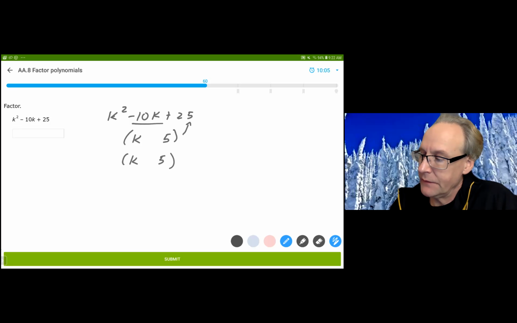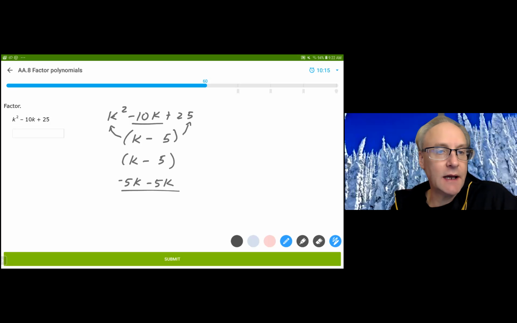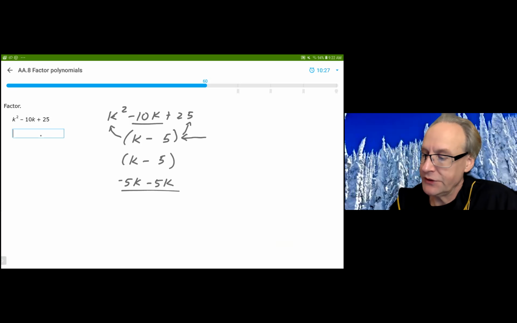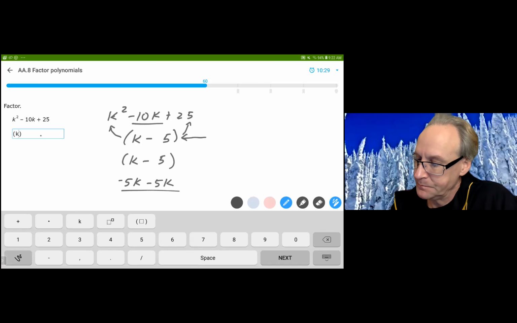And for the middle, I want it to be negative 5k minus 5k, which is minus 10k. Notice that that middle term is double the product of these two terms. That's a really important idea. It's called a perfect square trinomial, and we just have k minus 5 squared.